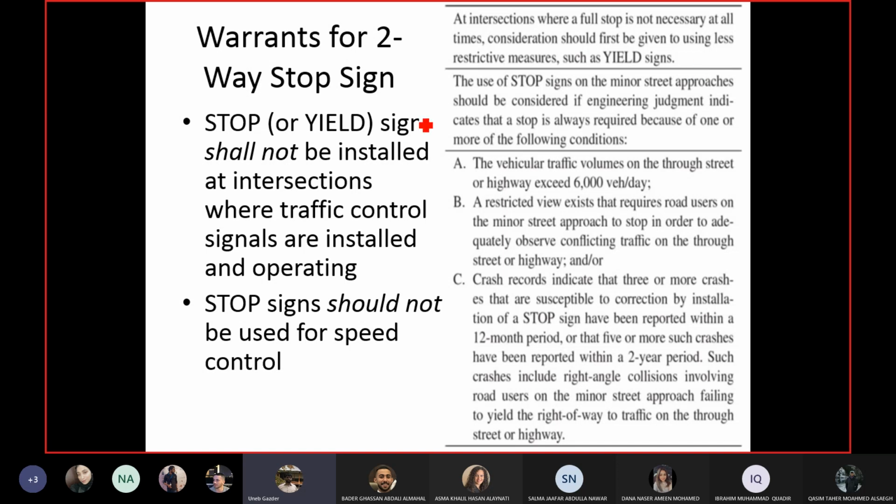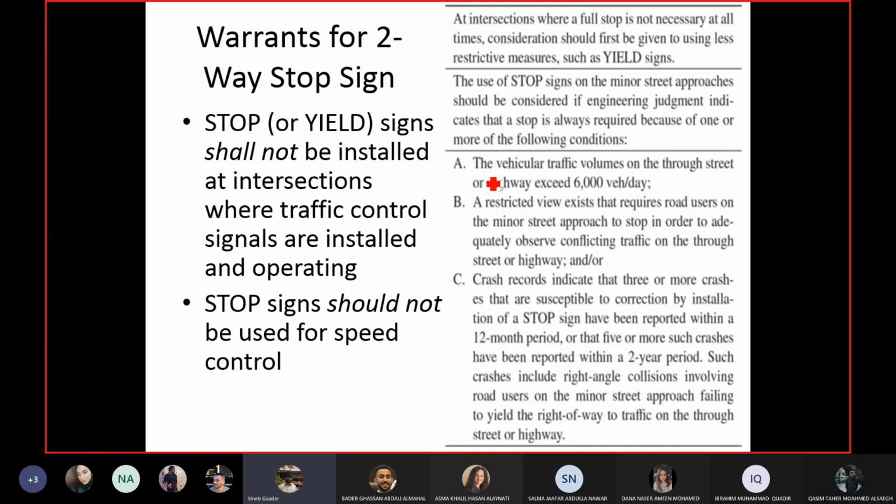If you want a stop sign, because you feel yielding is not enough, first you have to use your own judgment to decide whether only slowing down is enough, or whether I should ask the driver to completely stop. To make this judgment, they have given us these conditions, and again you have to fulfill one. If even one of them is fulfilled, you can provide a two-way stop sign.